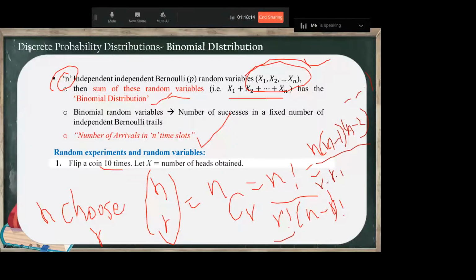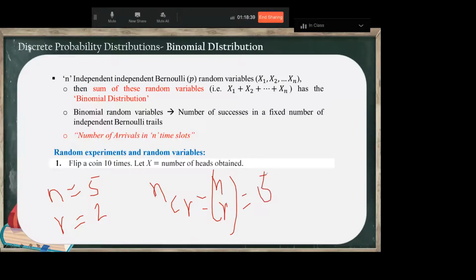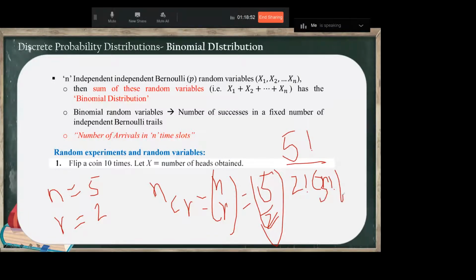So let's take an example. If n is 5 and r is 2, what is nCr or 5C2? Simply 5 factorial upon 2 factorial and (5 minus 2) factorial, which is 3 factorial.